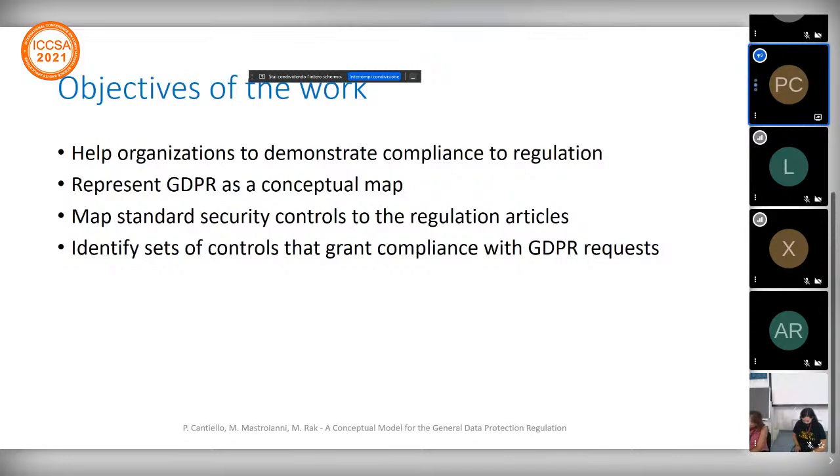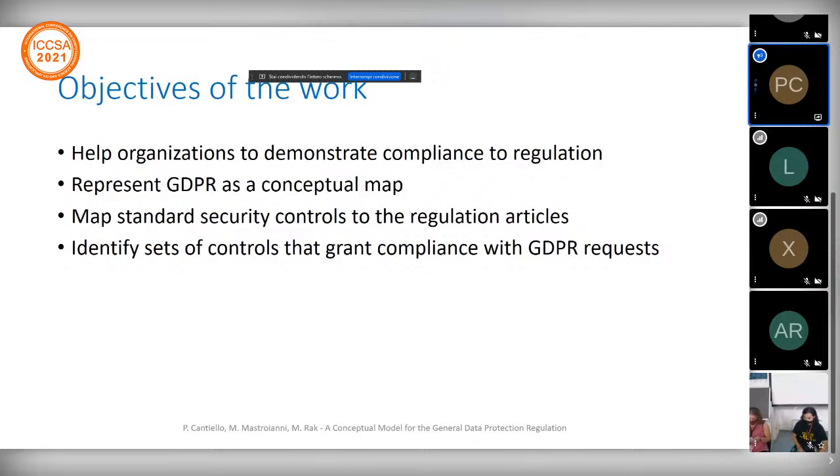We all know that GDPR addresses the needs of a network-based society, but it has some side effects, especially for small enterprises. They are working hard to address the requirements imposed by GDPR.